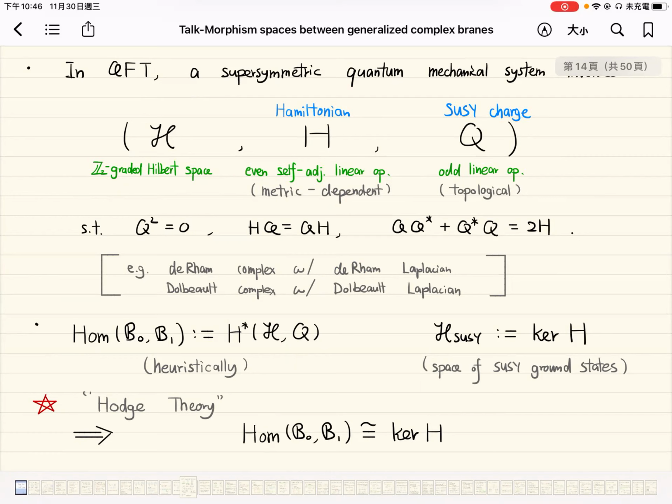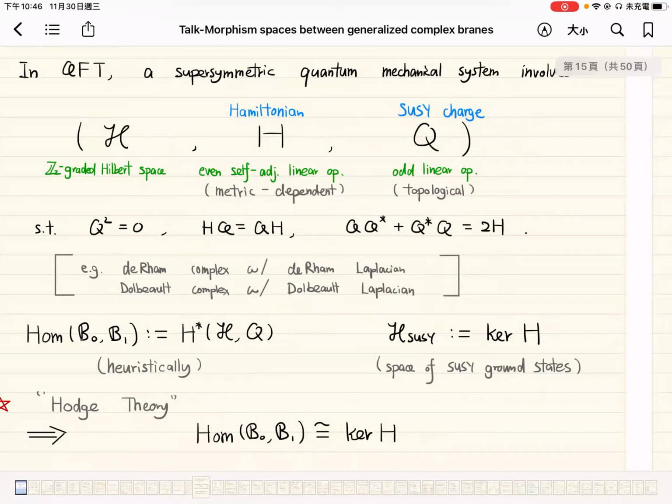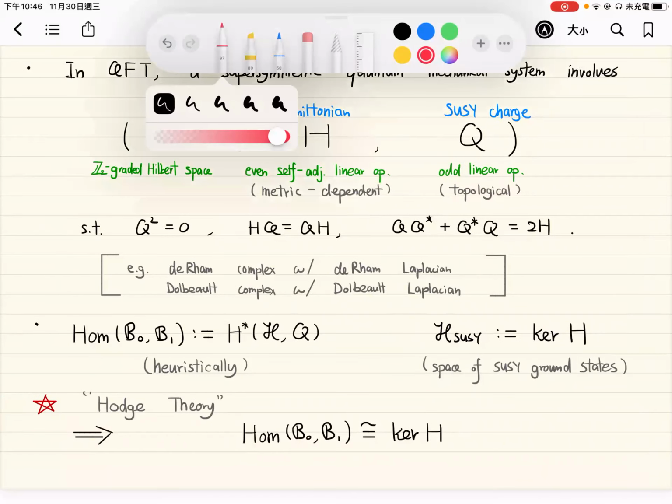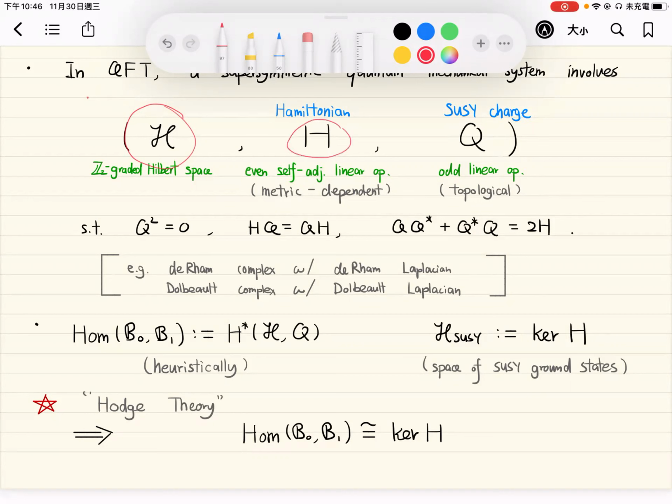By a supersymmetric quantum mechanical system, we mean a triple consisting of, first of all, a Z/2-graded Hilbert space, which I call curly H here. And second, an even self-adjoint linear operator called H. Physically speaking, this is the Hamiltonian operator because it's the quantization of the Hamiltonian function on the classical mechanical system.